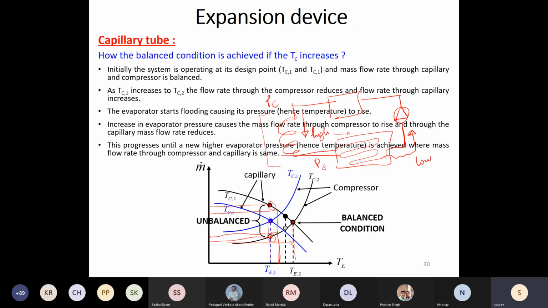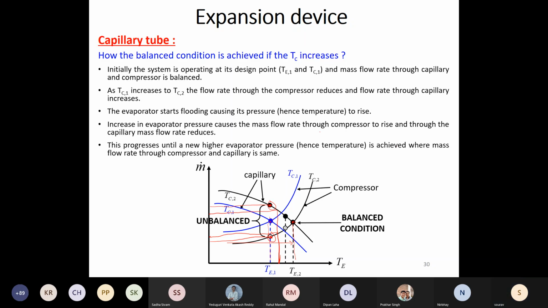This is a cause of concern, because because of this flooding of the evaporator, more liquid refrigerant enters the evaporator than what the poor compressor is able to suck in. Then there is a chance of the entire volume of the tubes of your evaporator getting filled with liquid refrigerant and the liquid spilling into the compressor.